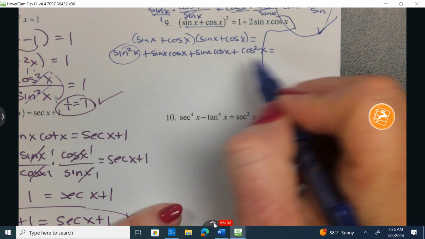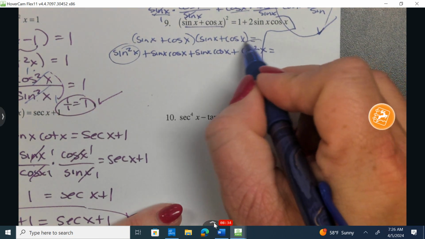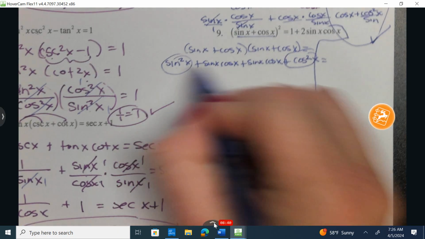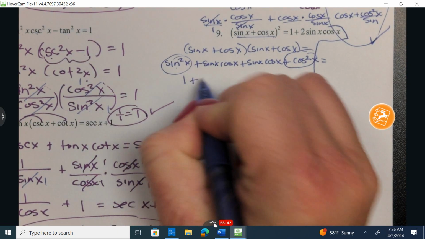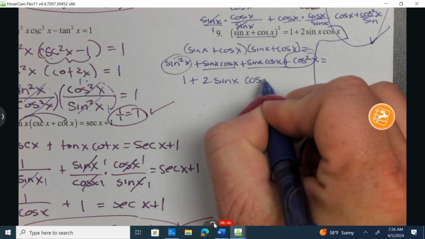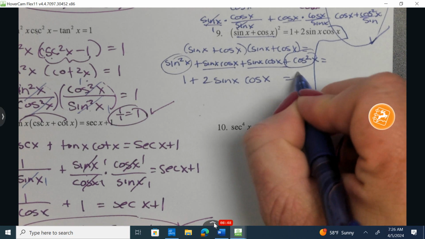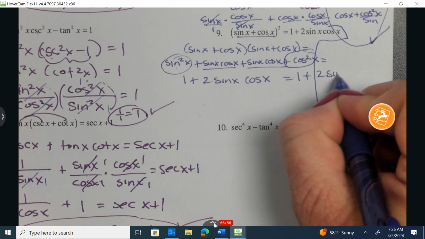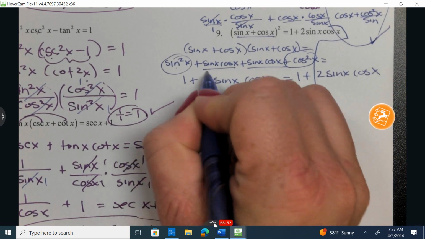I know that sine squared plus cosine squared is equivalent to 1. So these two combine to give us 1, and now I have two groups of sine of x, cosine of x. And that's exactly what I was trying to achieve over here. 1 plus 2 sine of x, cosine of x.